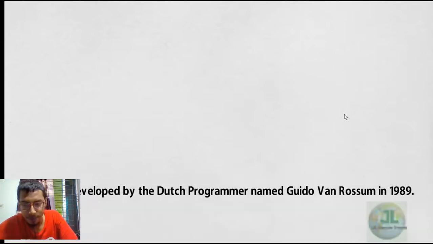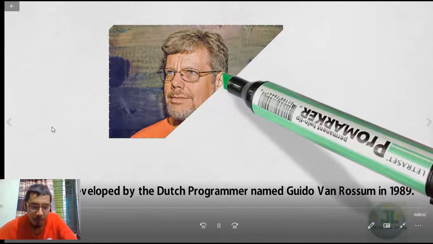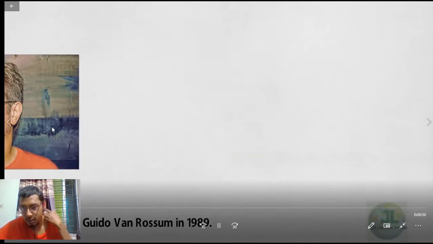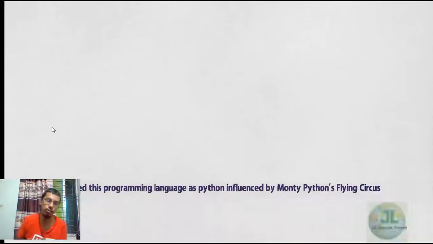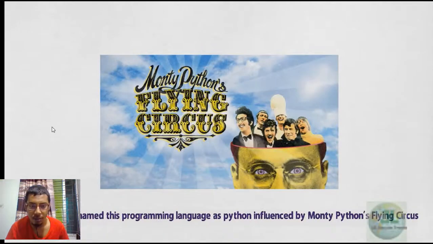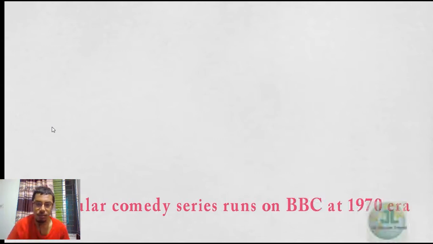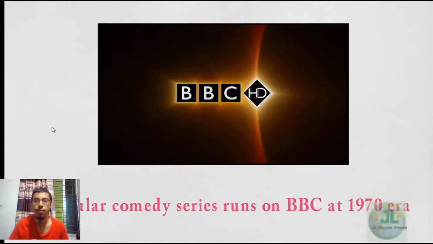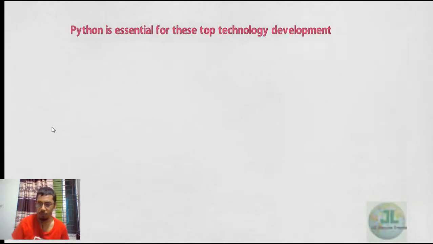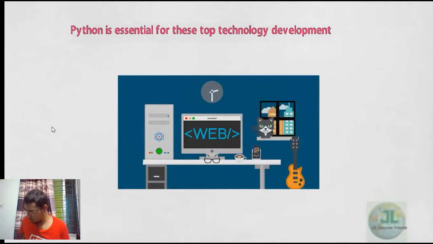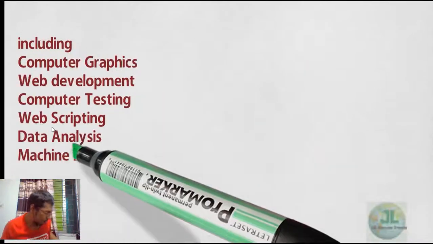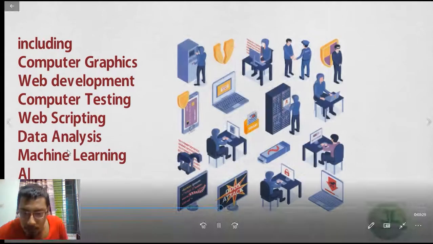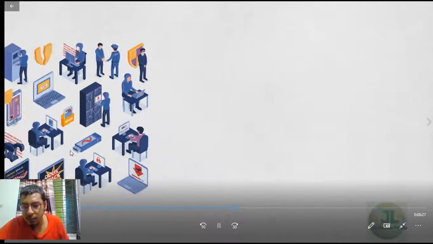Python was developed by the Dutch programmer named Guido van Rossum in 1989. He was named this programming language as Python, influenced by Monty Python's Flying Circus, a popular comedy series runs on BBC at 1970 era. Python is essential for these top technology developments, including computer graphics, web development, computer testing, web scripting, data analysis, machine learning, AI, big data, IoT.